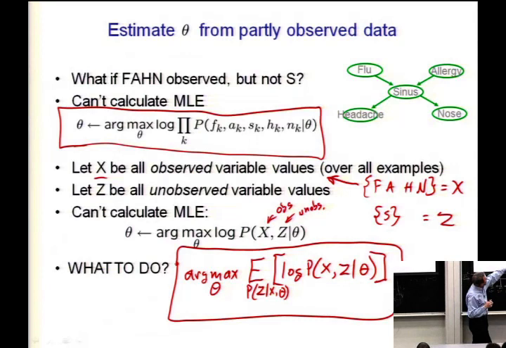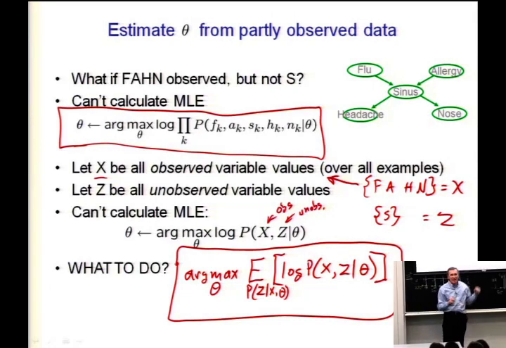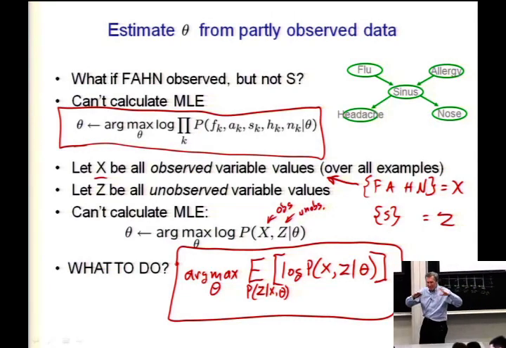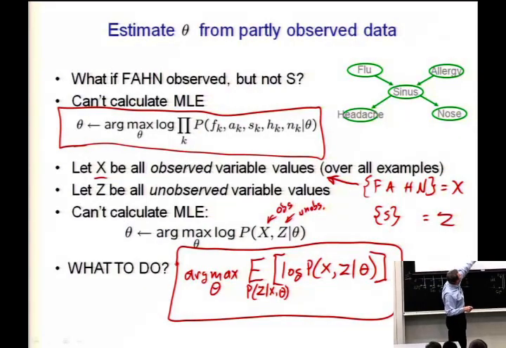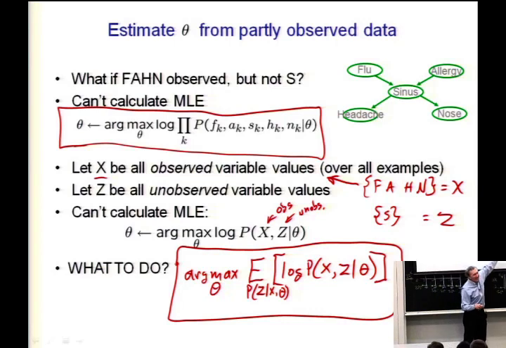And now what we're saying is, well, if we can't observe all the variables, then instead of maximum likelihood, let's take the theta that maximizes the expected log likelihood of all the variables. And that expectation is taken over a probability distribution that we can calculate from the Bayes net if we knew the theta values. And so that's the thing we're going to try to optimize.